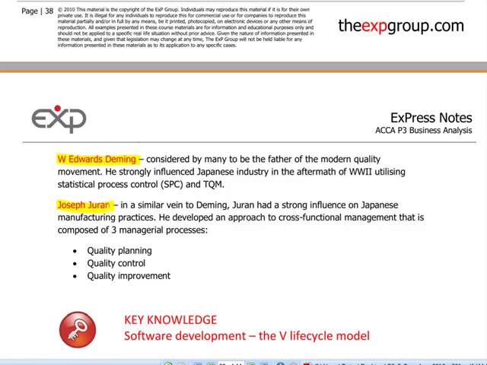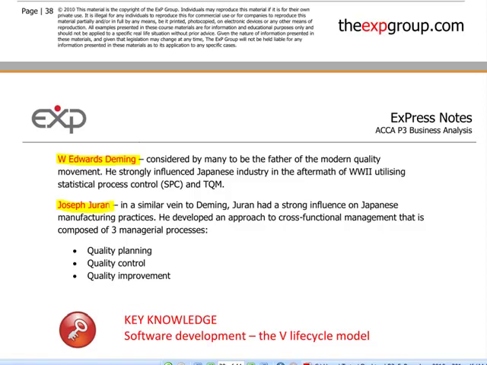Okay, a bit of background about Deming. Deming is really considered to be almost the father, the inspiration of modern quality. He's revered in Japan. He's an American who headed over to Japan after the Second World War and has been credited with almost single-handedly turning around the Japanese economy by introducing this whole concept of quality.